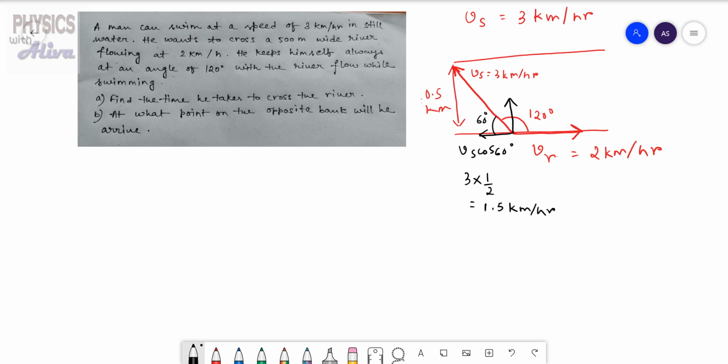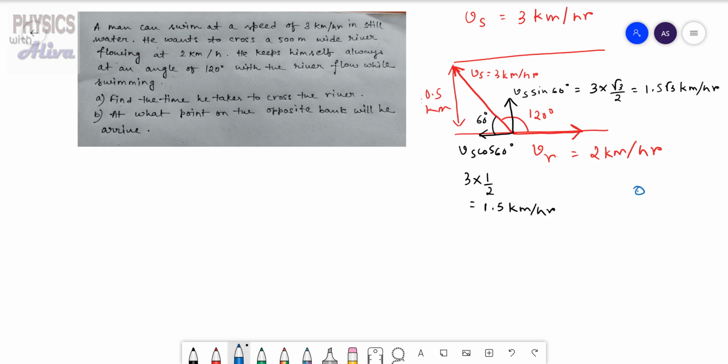It's the horizontal component. The vertical component is Vs sin 60 degree, right? Vs is 3, sin 60 means root over 3 by 2. So 1.5 root 3 kilometer per hour is the vertical component of velocity. Okay. Now what is the net horizontal velocity?